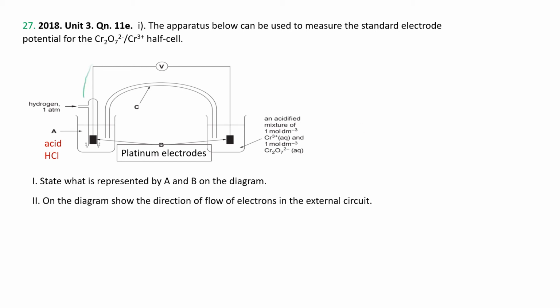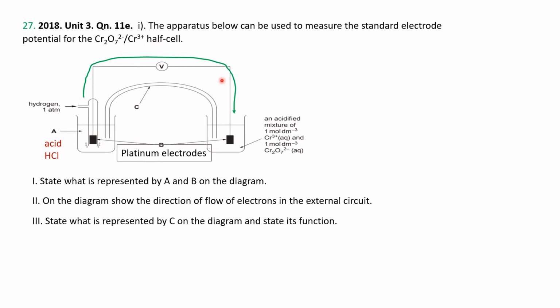Flow of electrons in the external circuit is going to be from the hydrogen electrode, which is 0, to the other one, which will have a positive voltage, whatever reaction goes on in there. C is of course the salt bridge. We talked about that in the previous question. It completes the circuit and maintains the charge balance.